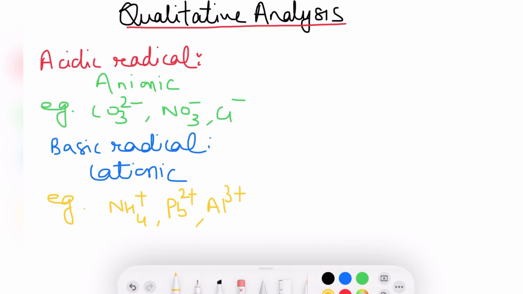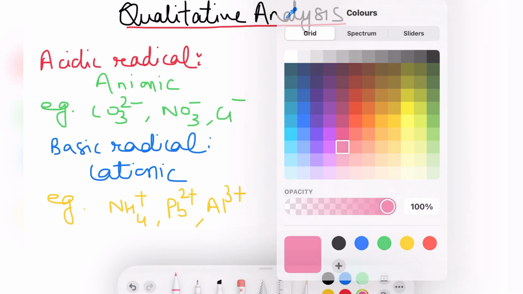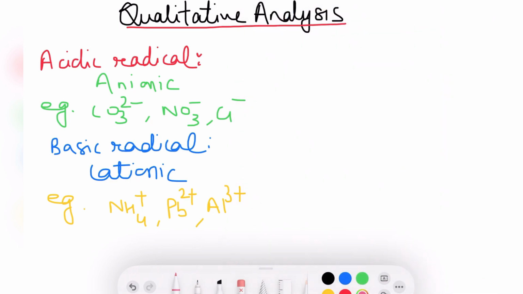aluminium. If you recall our grade 10 concepts, the chapter acid, base, and salt, where we learned how to identify the given acid or base in a salt. Suppose I'm taking the example of lead nitrate. This lead nitrate contains lead ion and nitrate ion.